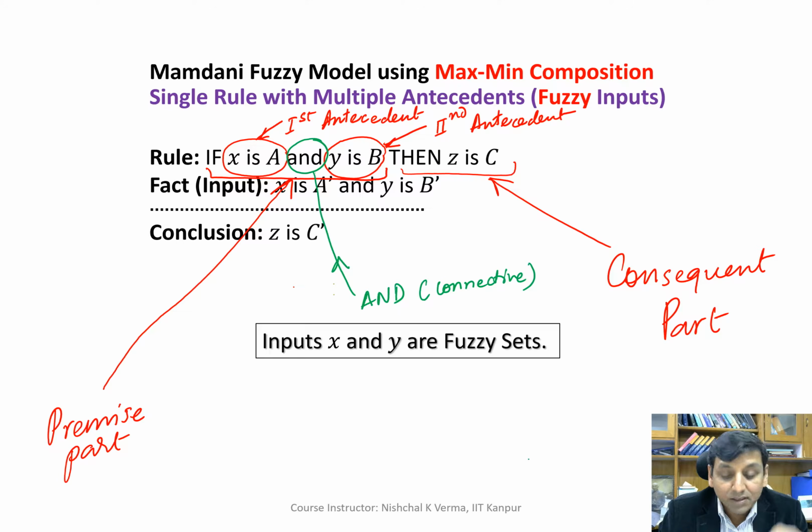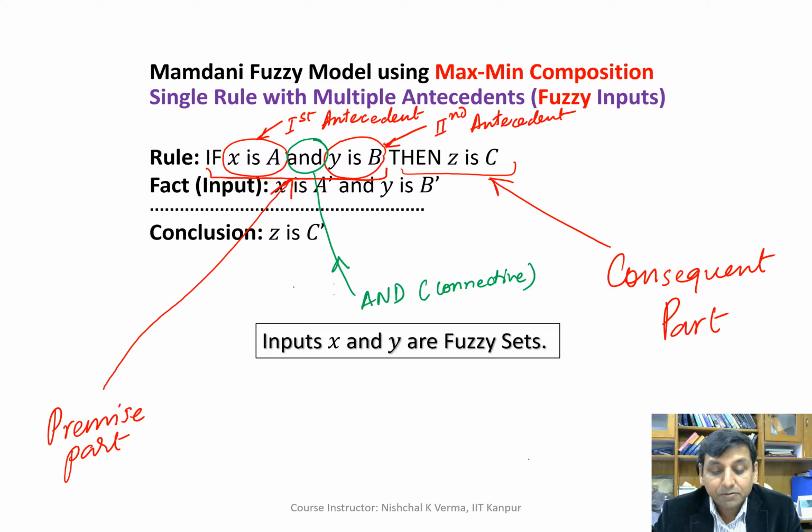Now coming into the premise part, let us first understand that we have two antecedents. The first antecedent here is x is a, the second antecedent is y is b, and both these antecedents are connected by the connective AND. In place of AND there could be other connectives like OR, but in this case we have AND as the connective.